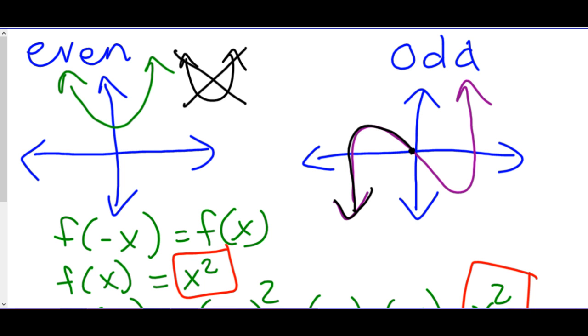If we took this black piece and rotated it 180 degrees, it would rotate about the origin. Obviously my picture is not the best because they're not matching exactly, but hopefully you get the idea. They should match exactly if I had drawn the graph exactly correct.